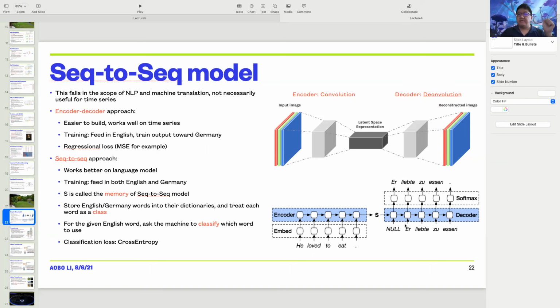You cannot give it the first German word as input, right? Because you don't know what it is yet. But if you give it a token, here it uses a no, but you can use an arbitrary number, say -1, to say, okay, if I see a -1, I should start translating. That's why it is shifted one unit to the right. So when you have the memory and you see this token, it knows, oh, now I should spit out the first word, and the first word is this ER in German.